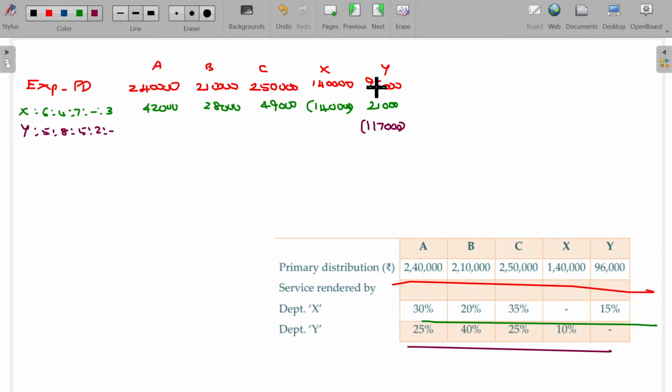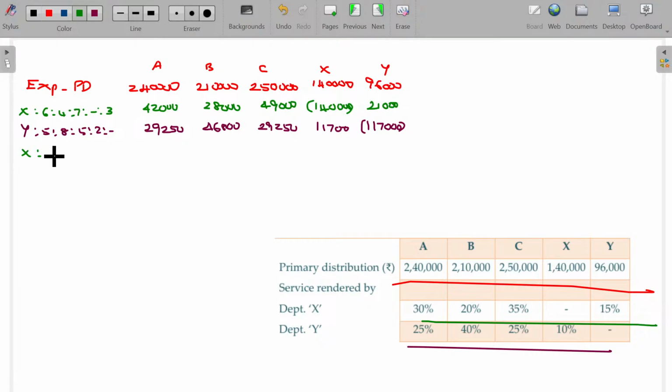It should be distributed to A, B, C and X in this ratio: 29,250, 46,800, 29,250, 11,700. Again, now X got the value.